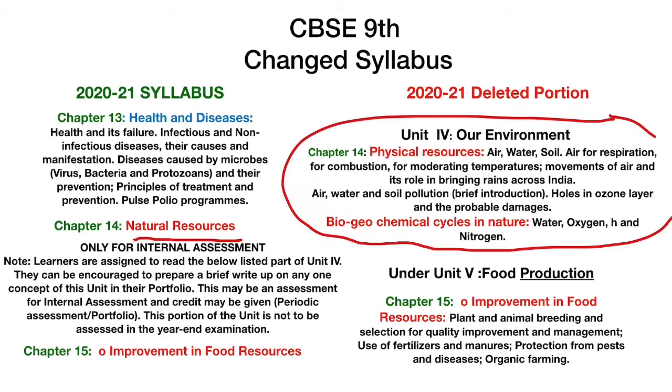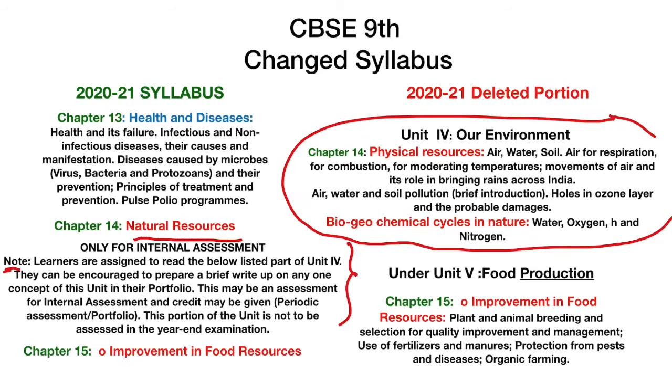But the only thing they have added for this chapter is that it can be used for internal assessment or internal project, and there are 20 marks for your internal assignments, right? So this particular topic can be a part of that portion. If you see this note, they have written: learners are assigned to read the below listed parts of unit 4.